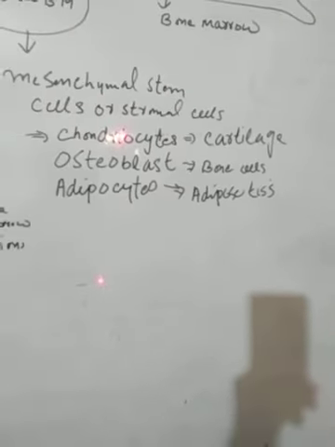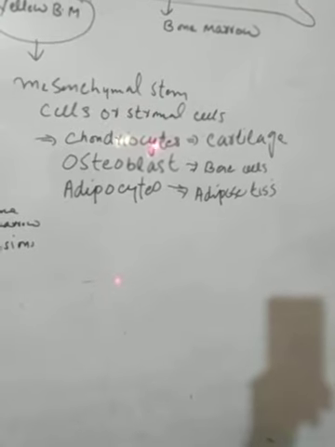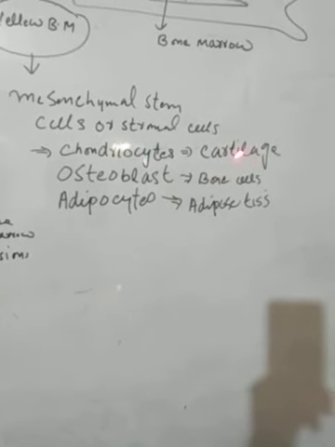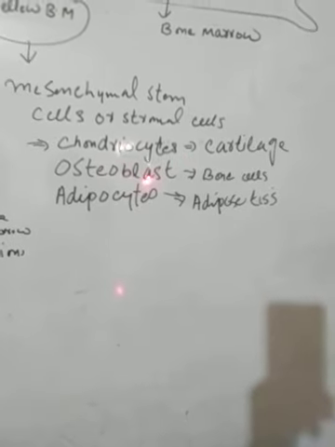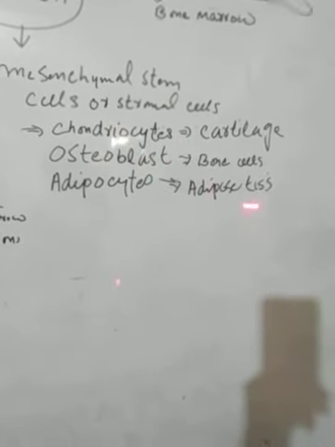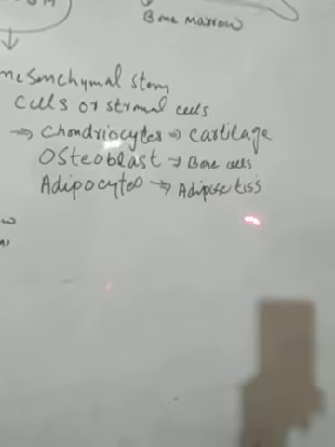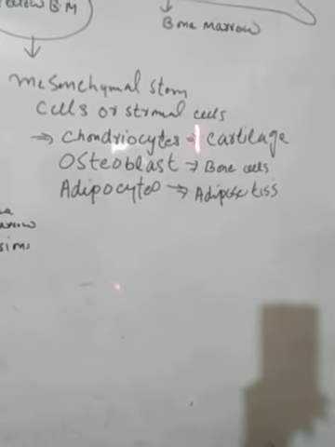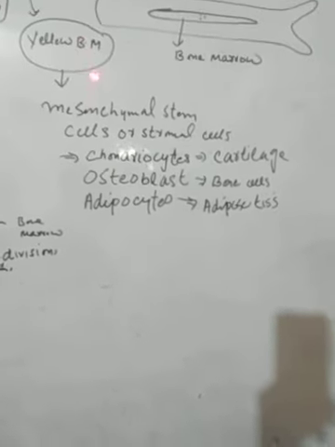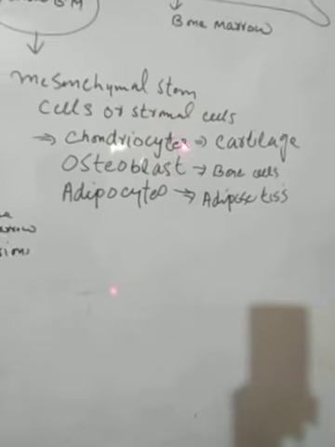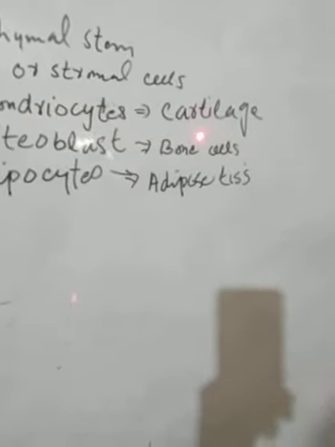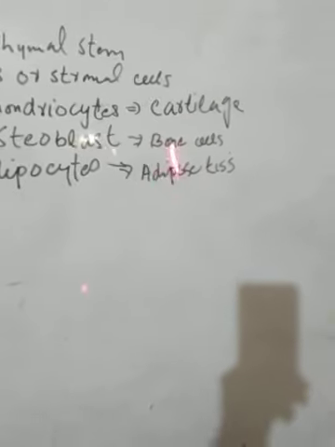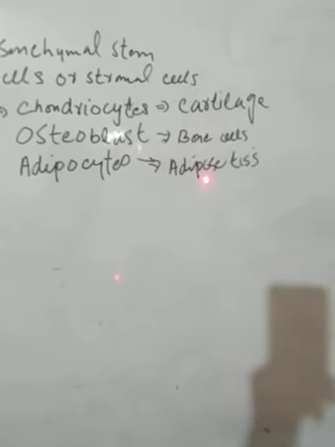In the yellow bone marrow, cartilage forming cells are present, for example chondrocytes; bone cells are present, osteoblasts; and adipose tissue forming cells are present, called adipocytes. So yellow bone marrow has mesenchymal stem cells, and they are responsible for the formation of cartilage, bone cells and adipose tissues.